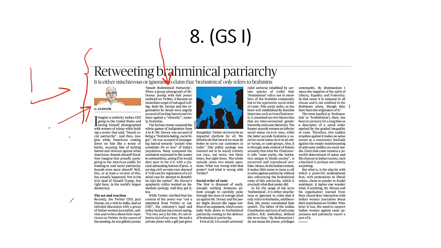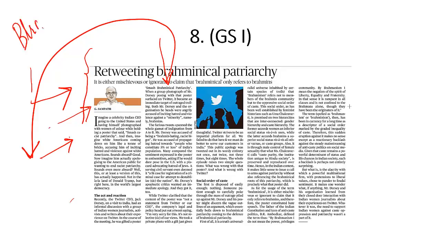What this column focuses upon is that there are two wrongs here. Number one, you should not have attacked the Twitter CEO for displaying this poster because there was nothing wrong in that. And this poster has been equated to a hypothetical situation where G. Sampath says, imagine that there is an Indian CEO who visits the United States and poses with a group of women who are colored, basically blacks, and then the poster reads, "Smash racist patriarchy."